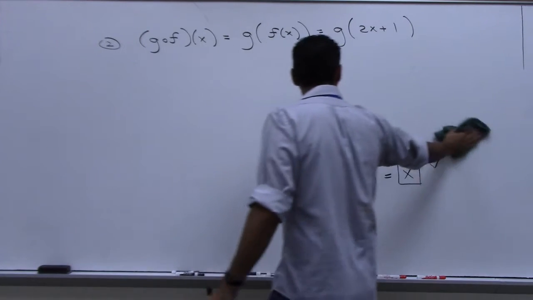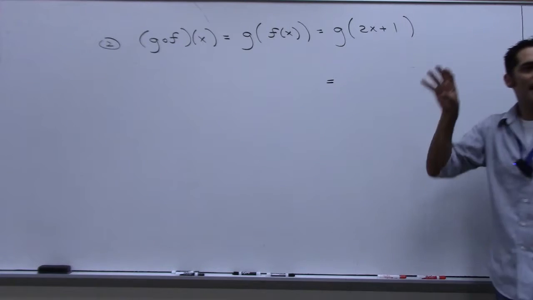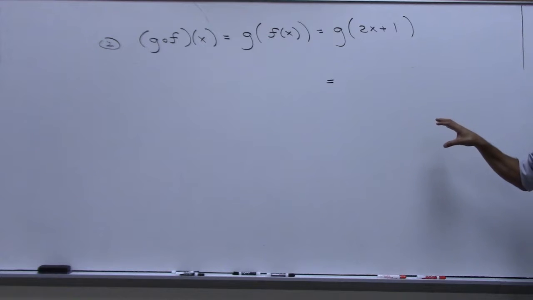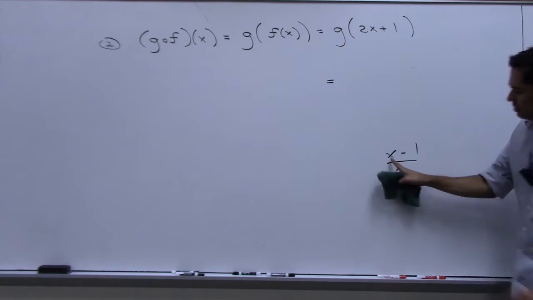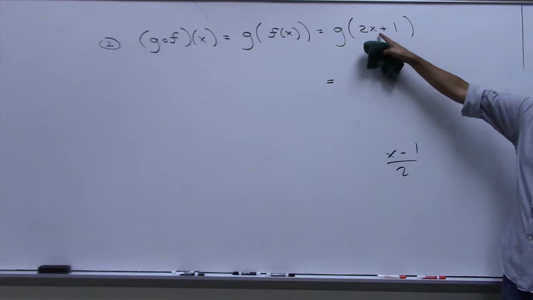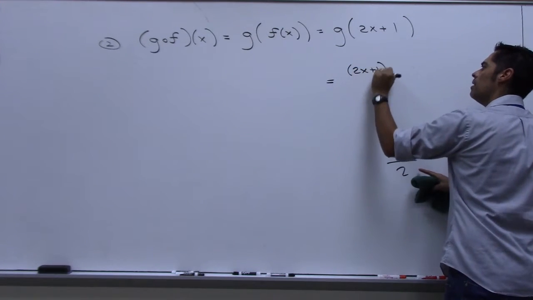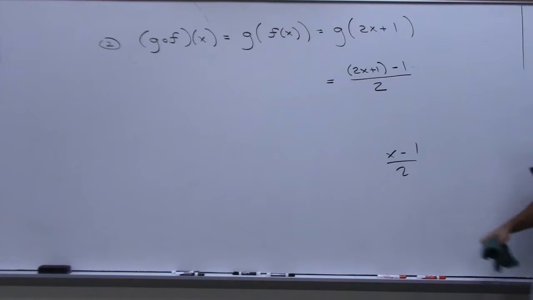And if you look at your g function, we're going to replace that top left x. The g function is x minus 1 over 2. We're going to replace that top left x with all that. So it's going to be 2x plus 1, then minus 1, then over 2.